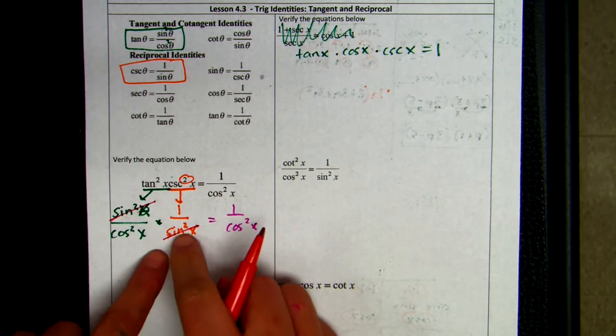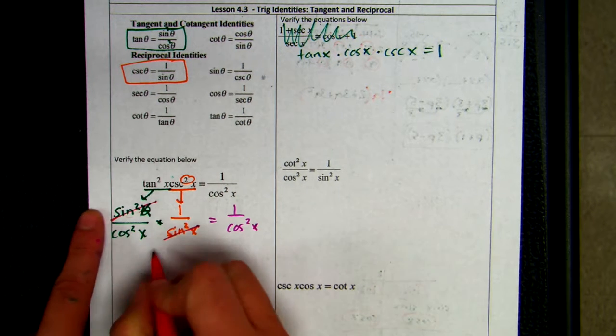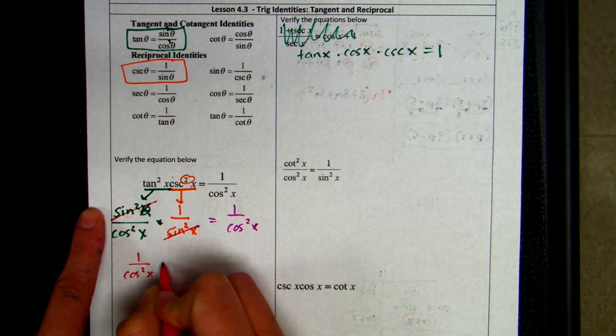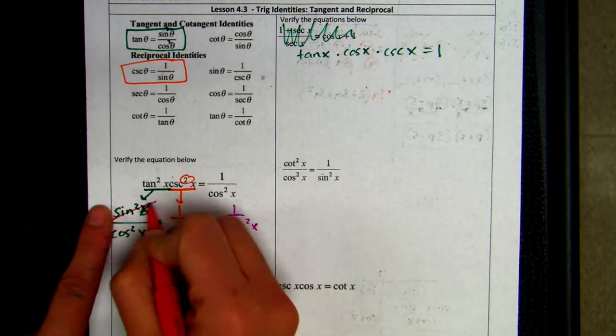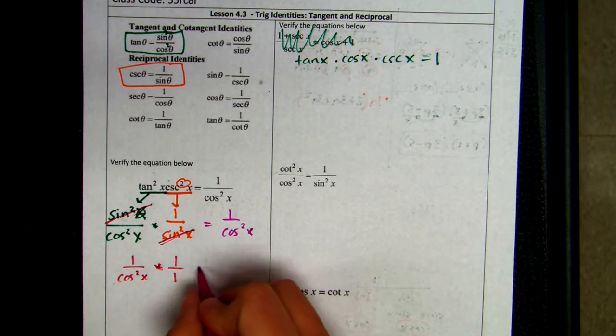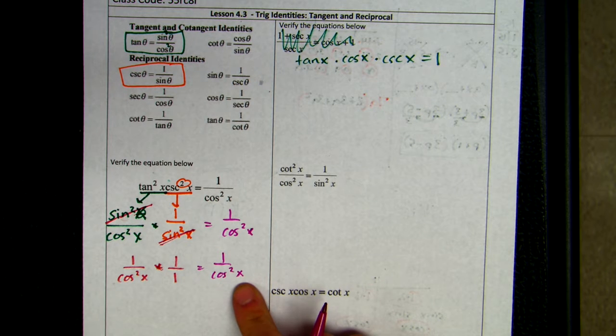If these cancel out, I'm left with just 1 in the top here. So 1 over cosine squared of x times 1 over 1, because the sines canceled out, is equal to 1 over cosine squared of x.